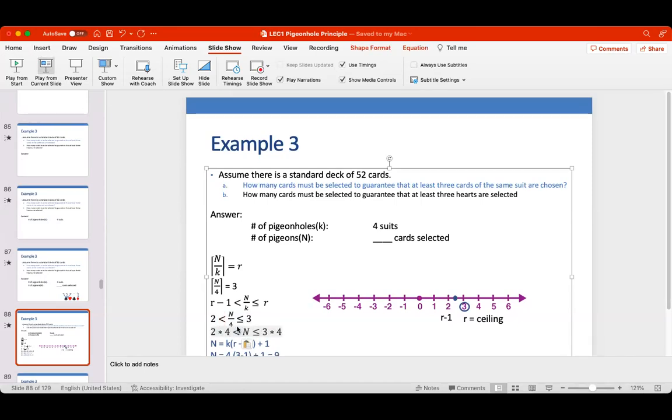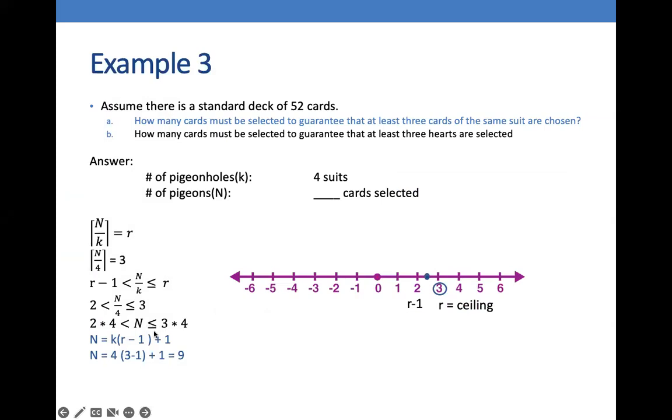Okay. And that n should be less than or equal to 3 times 4. So this will result to n should be greater than 8 and should be less than or equal to 12. Okay, so now what is the minimum number that would satisfy our equation or satisfy what we want?